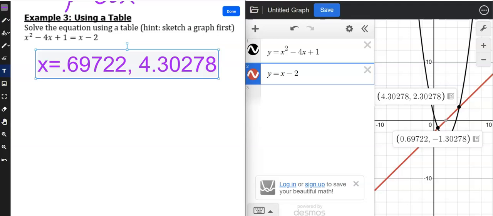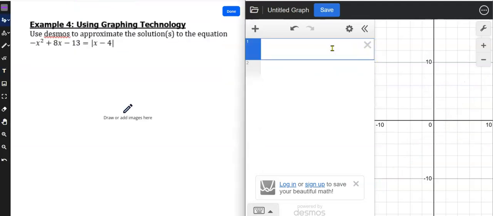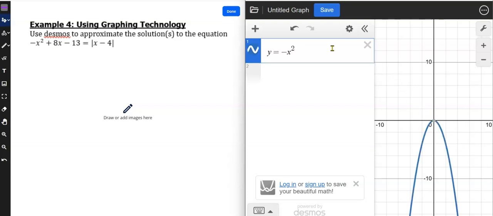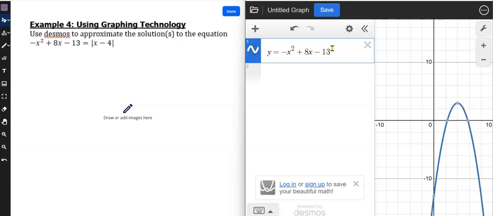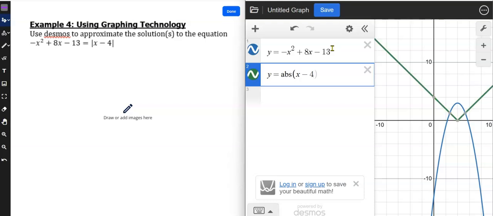All right, we'll go to the next slide. All right, so let's get back into our graphing. Y equals negative x squared plus 8x minus 13. And the other one, y equals absolute value x minus 4. Okay? Use decimals to approximate the solution to the equation. All right? Well, you know what?